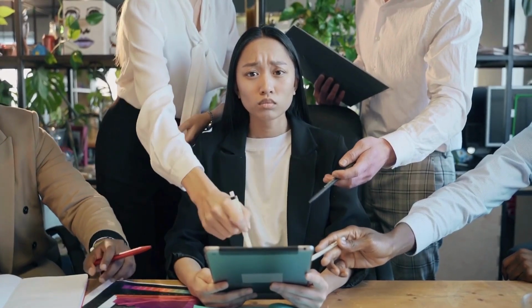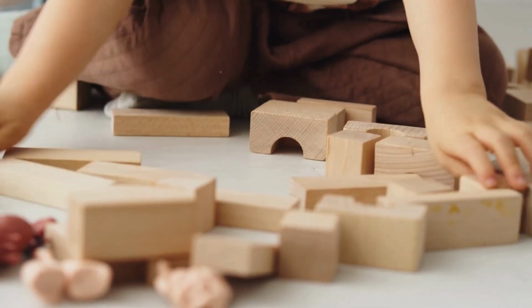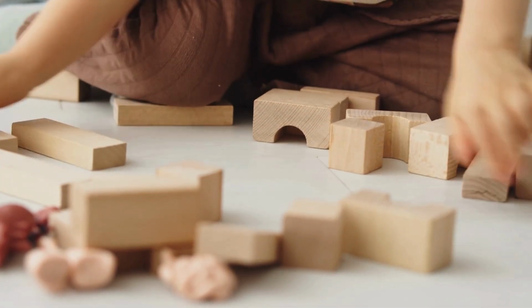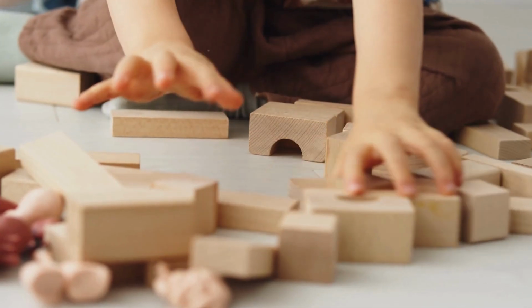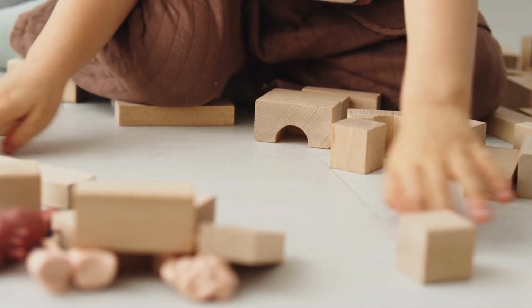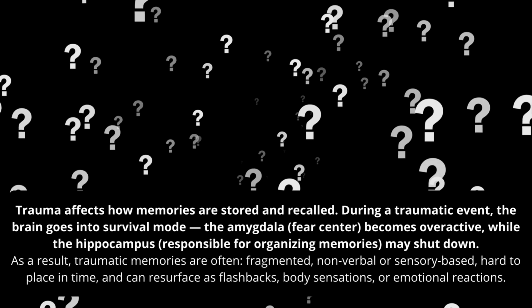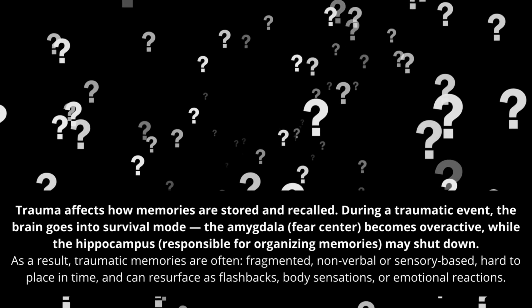But under intense stress, it simply can't do its job. As a result, the memories don't get stored in a coherent way. They remain scattered. We might be left with flashbacks or random images, physical tension in the body, without any clear narrative or context.